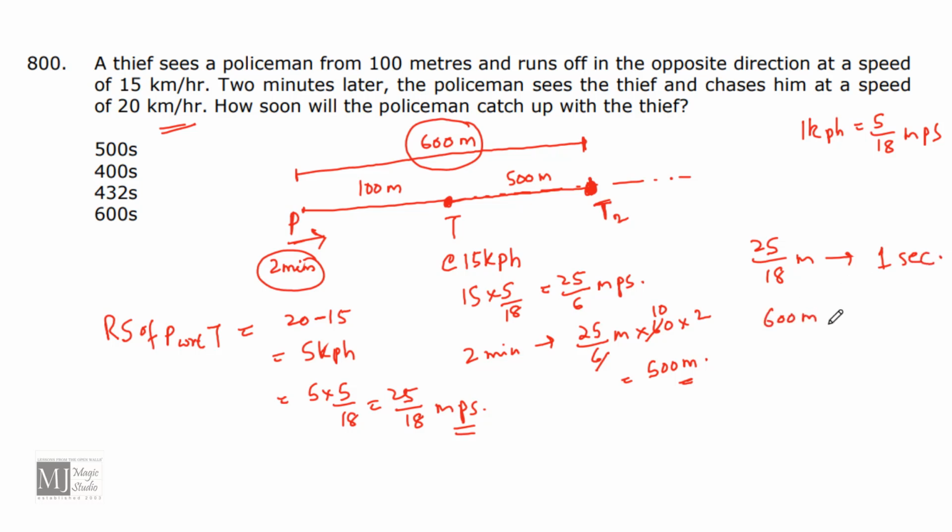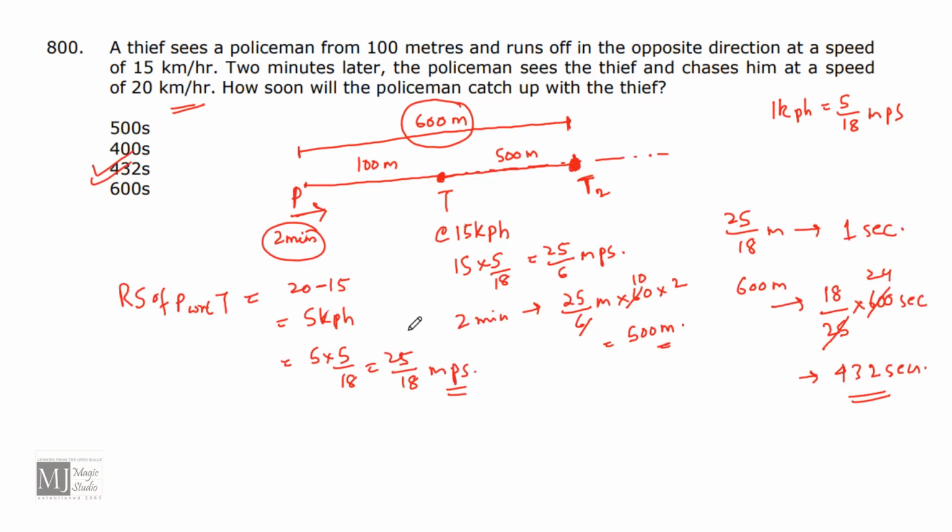That means 600 meters would be covered in 18 by 25 into 600 seconds. 24 into 18 is how much? 432 seconds.